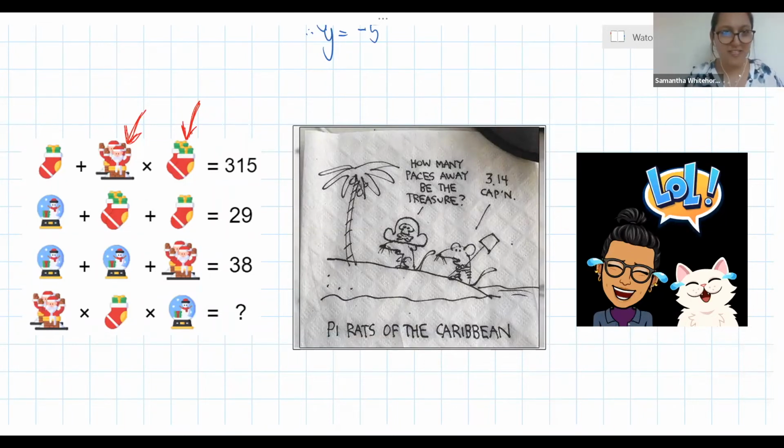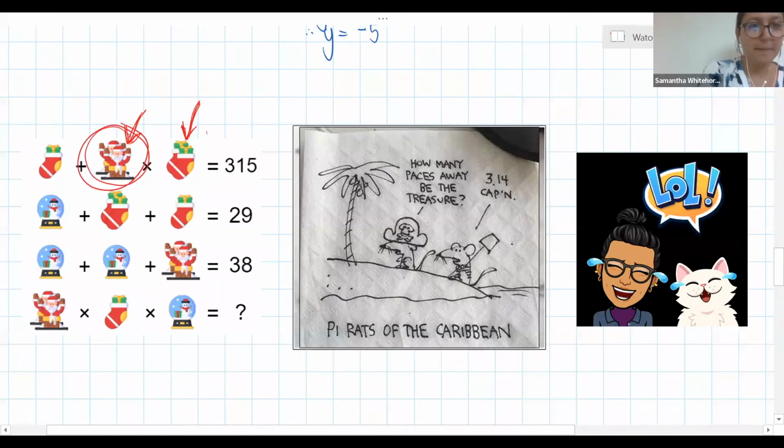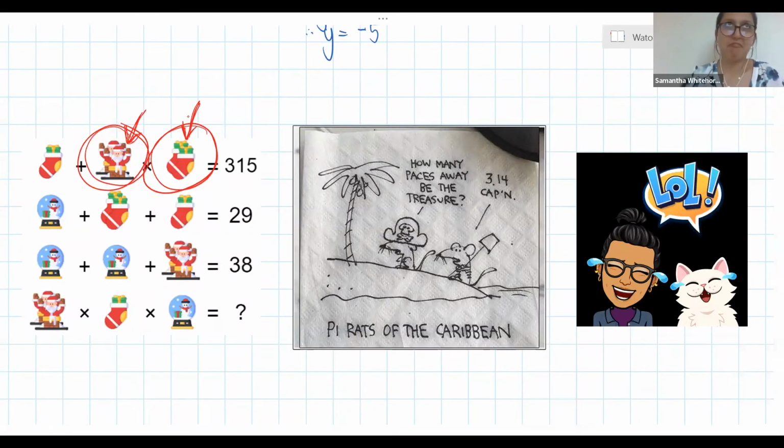I don't know how much of a hint to give you. Both of these are even numbers, and both are bigger than 12.